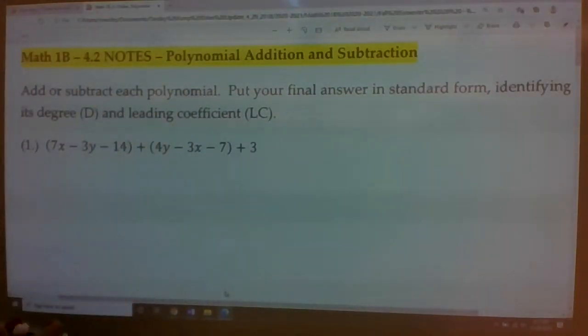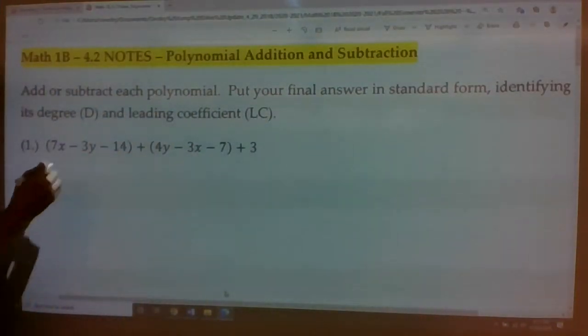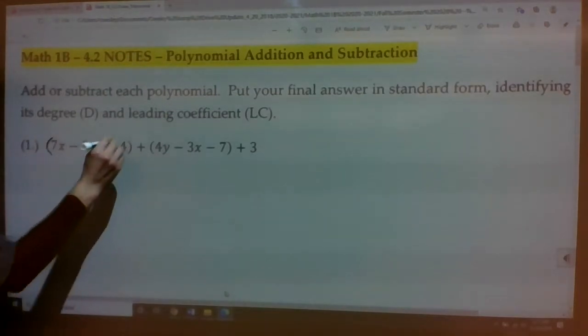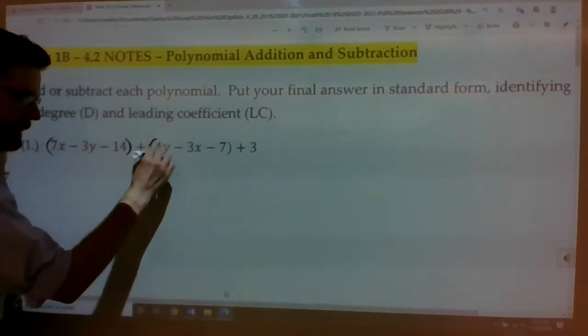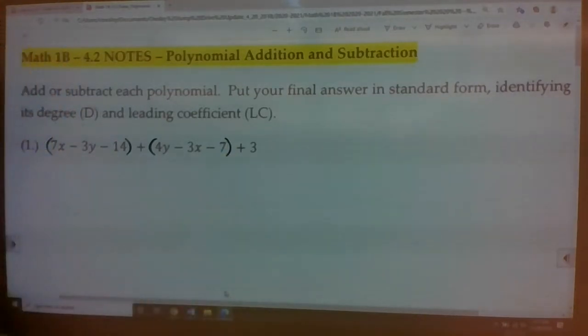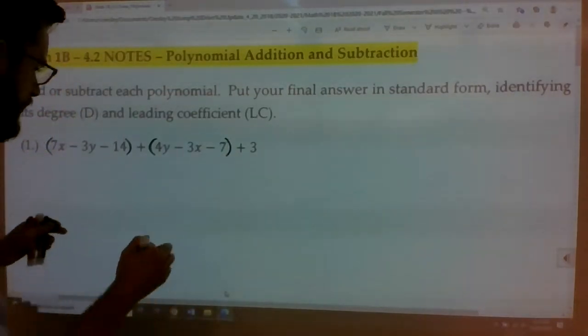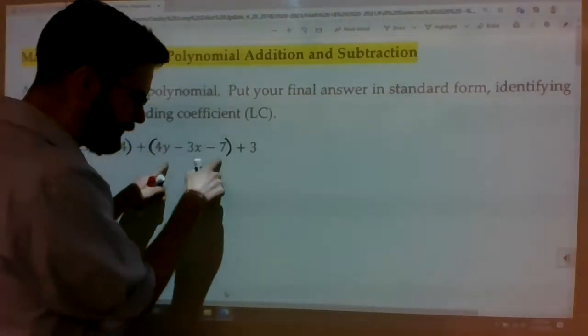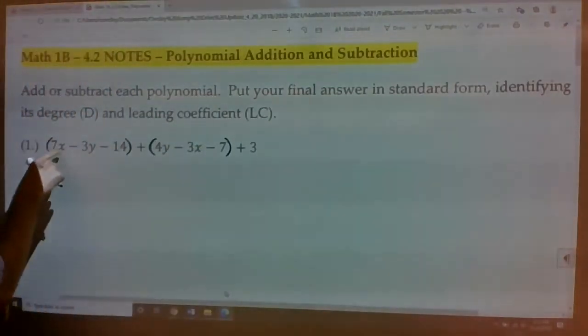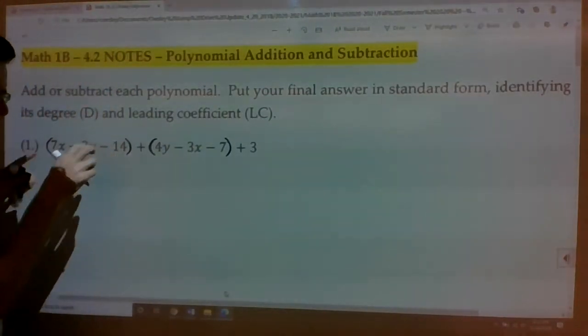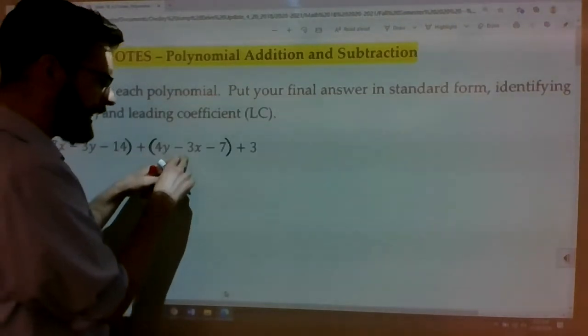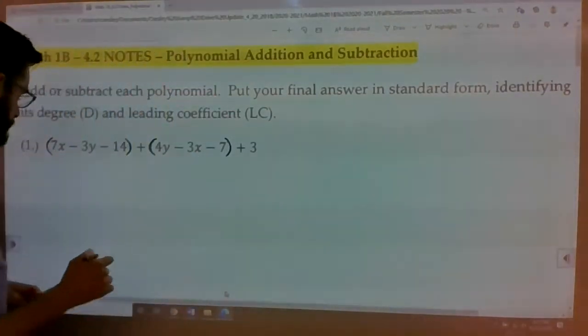So the first thing that you guys need to recognize is that these parentheses are basically grouping the polynomials away from each other. So 7x minus 3y minus 14, that's a polynomial. 4y minus 3x minus 7 is a polynomial.